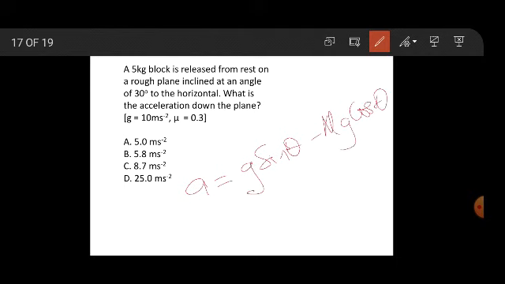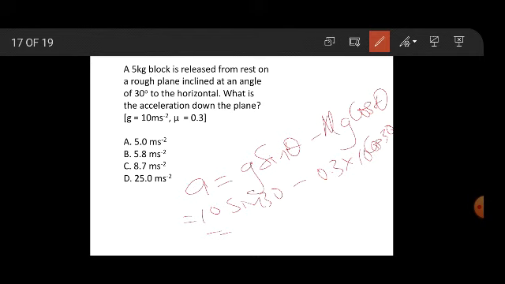Okay, that's quite easy. So your g is 10, so 10 sine 30 minus mu g, your mu is 0.3 times g, which is 10, then cos 30. So let's use our calculator to know what that will be.